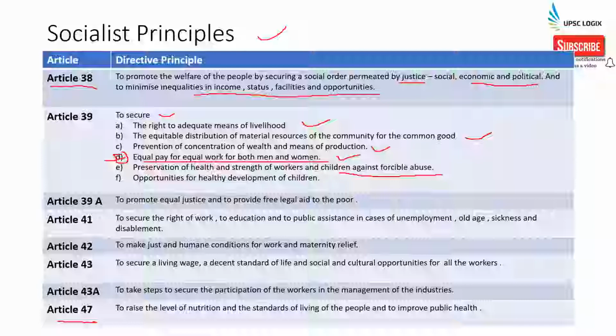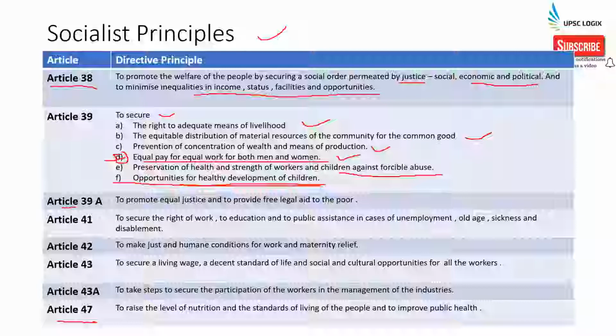Then F is opportunities of healthy development of children. So now this is a very basic thing, and there are a number of constitutional and legal rights that have been given to children. And right to education is one of them for children, Article 21A.